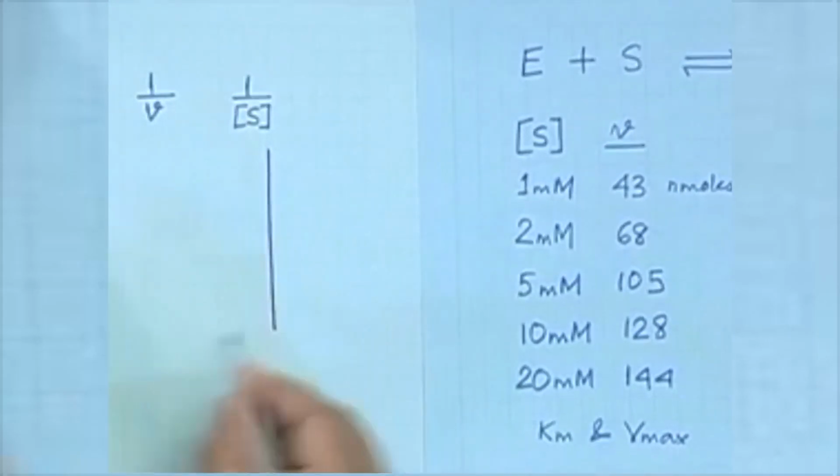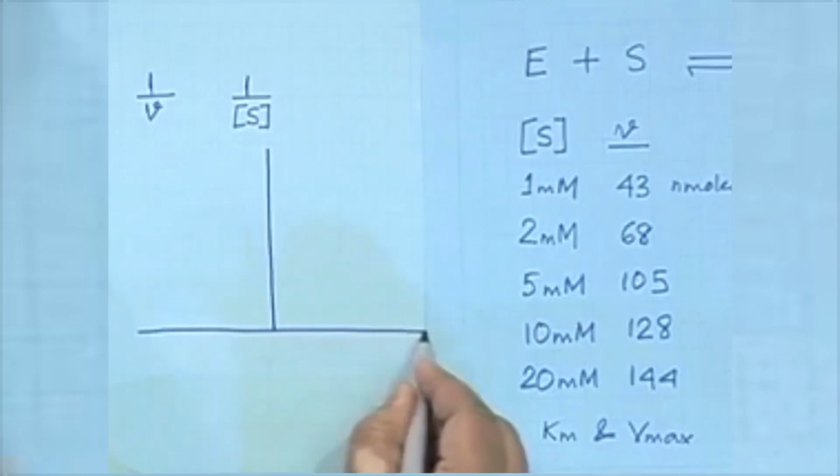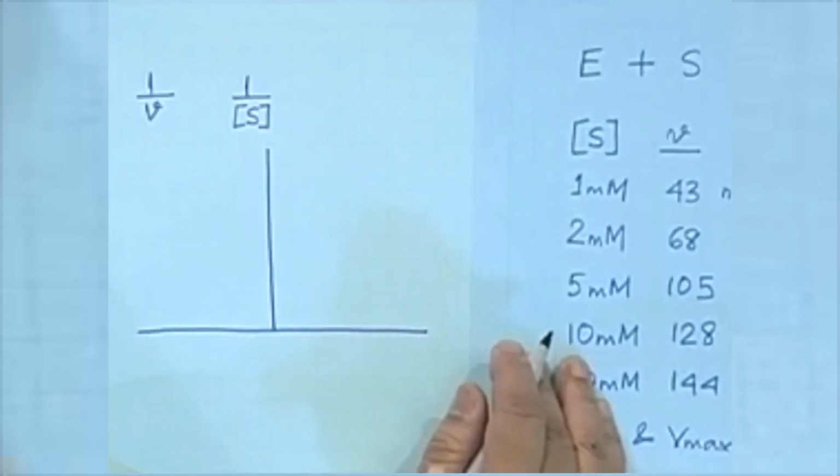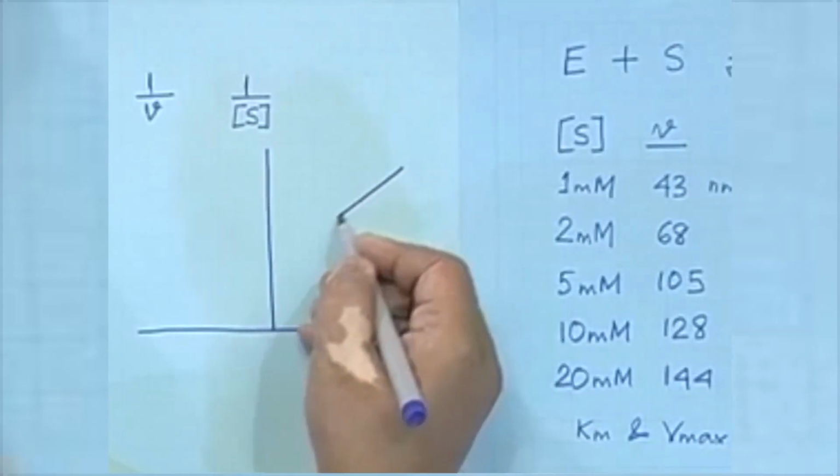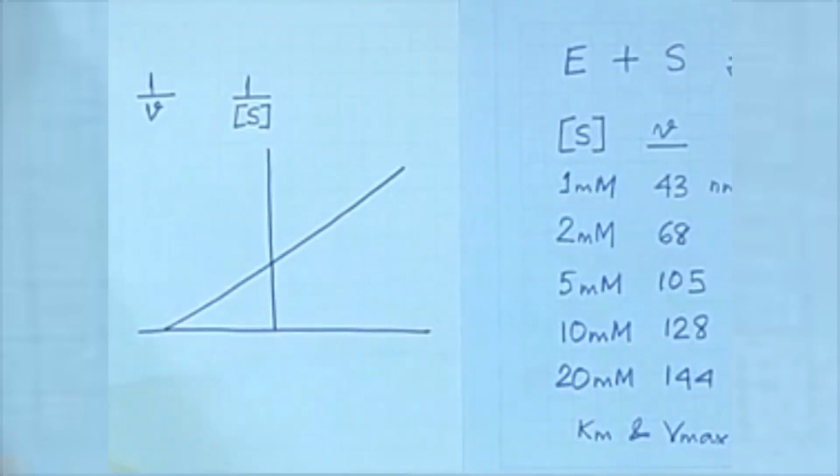I can plot the data on a Lineweaver-Burke plot, and what is that going to give me? Something that looks like this.